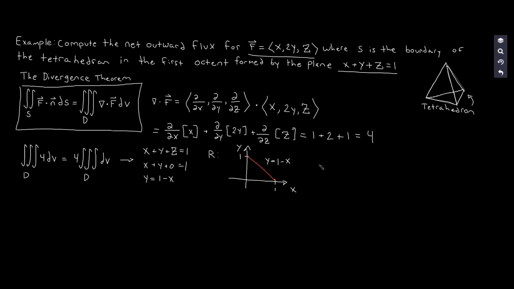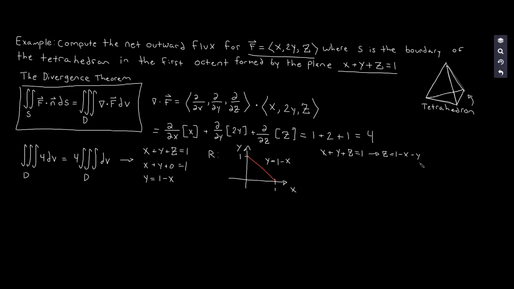If I solve that for z, I get z equals 1 minus x minus y. And so that's z's upper bound.